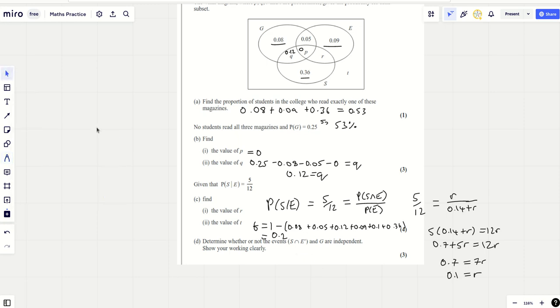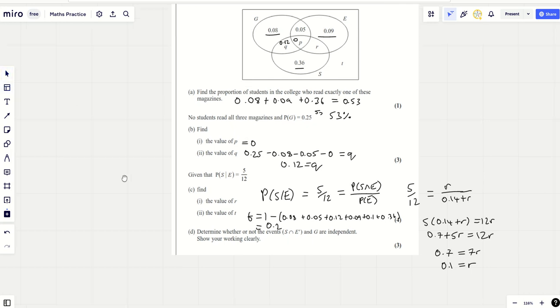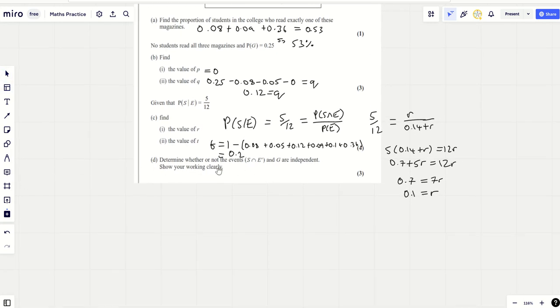And then the last bit, what have we got to do here? Well, this is a classic question where they're asking you to test for independence. Determine whether or not S and not E, and G are independent.